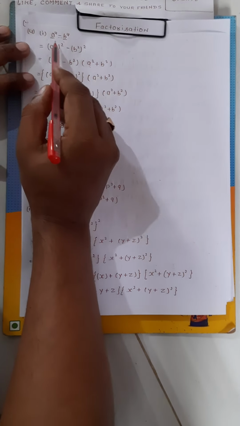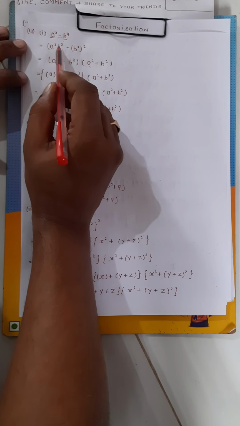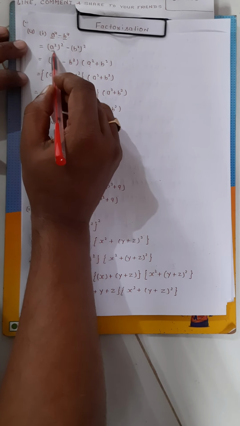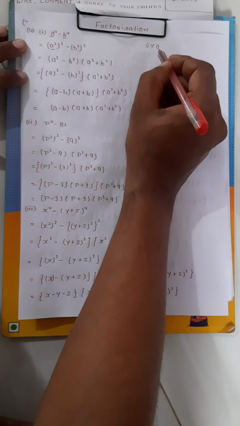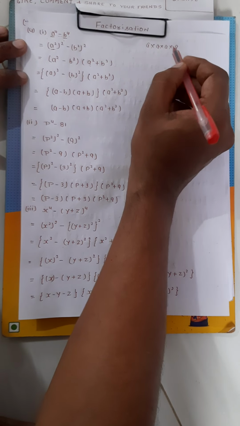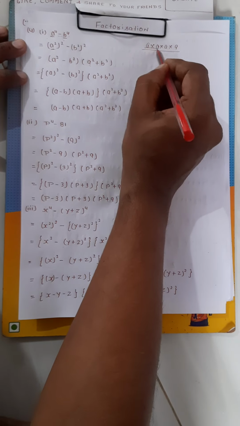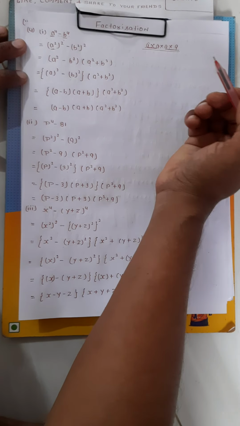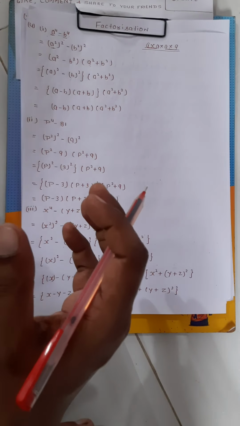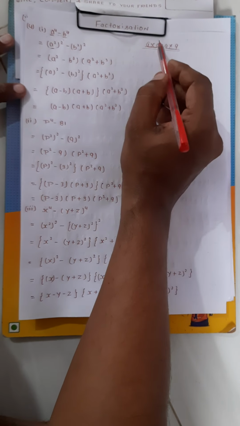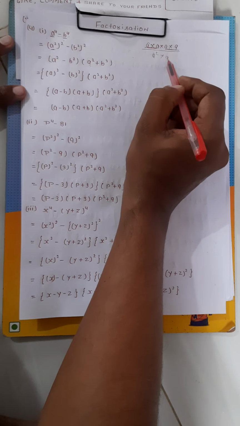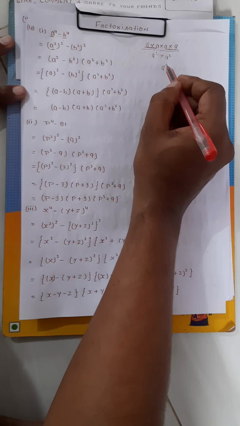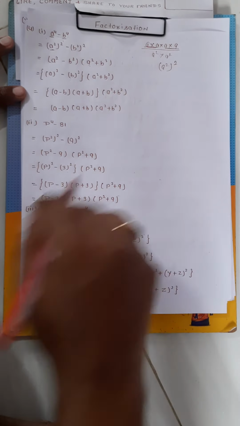Okay, so you can write it as a whole square of a square. a^4 you can write, because a^4 means a into a into a into a. So if you want to make the square value, then what will you do? a square into a square you can write down. That means it will become the whole square of a square.